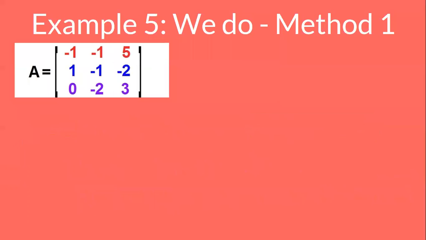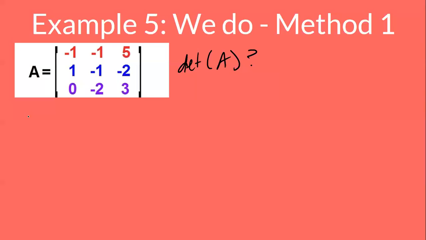Okay. All right, let's talk about method number 2. So here, if I have this matrix A, and I want to find the determinant of A, then we're going to do something different.